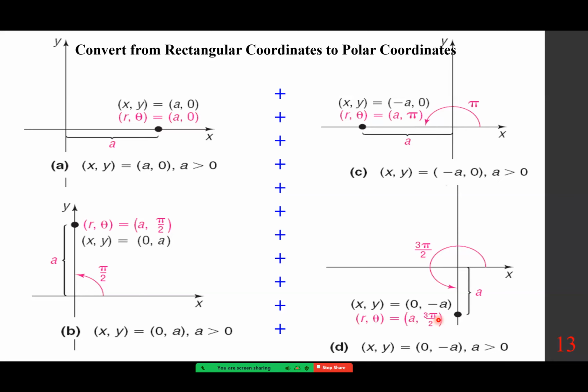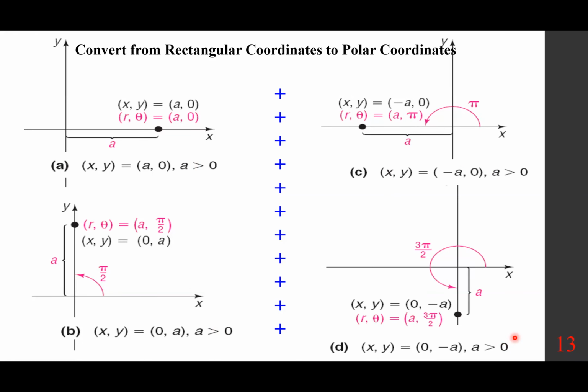And again, we are using a positive a, a positive r, for all of them. Of course, that's not unique. You can represent it differently, but if we were trying to stick to positive values, this is how it works.